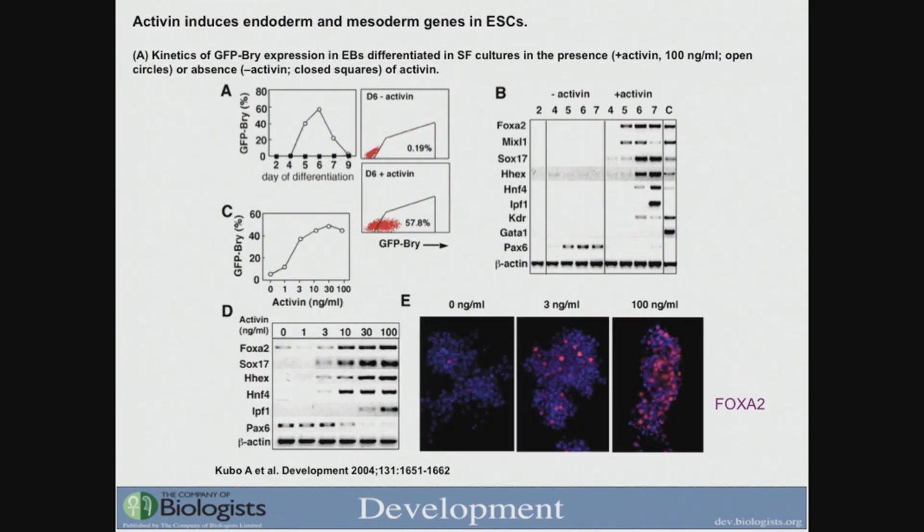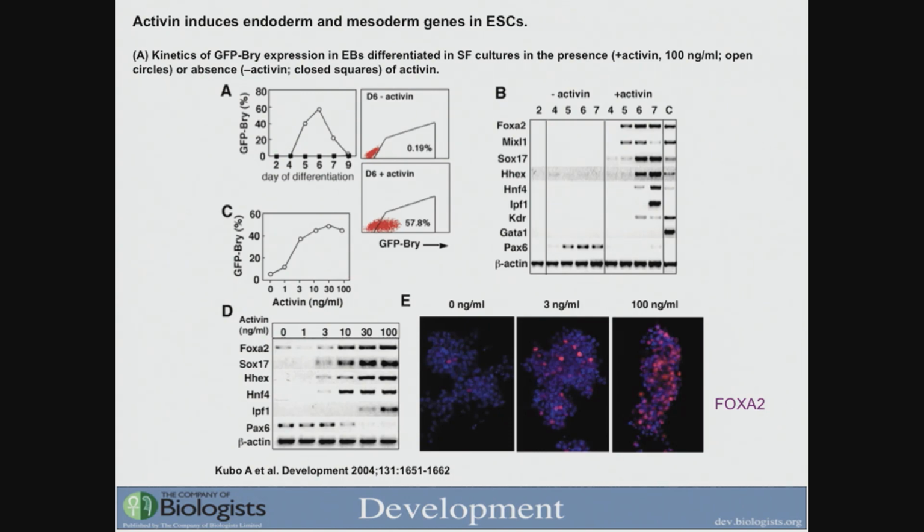So really with only 3, we're seeing very, very low levels of expression of key endodermal markers. And as we get to 10, 30, and 100, we're seeing much higher levels of expression. And this is just FOXA2 staining showing that with increasing concentrations of activin A, you're starting to see more FOXA2 positive cells. So FOXA2 being a key marker of definitive endoderm.